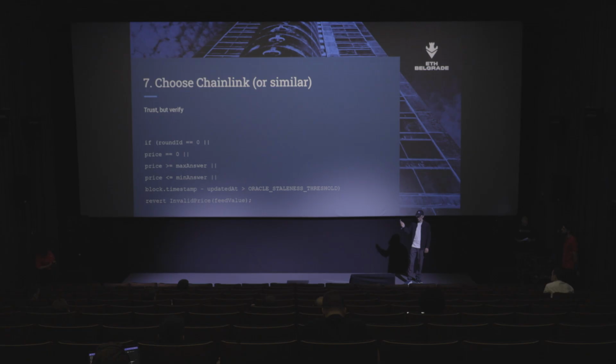So if you are highly sensitive to price changes, you may want to set this threshold to a lower number. But at the end of the day, yes, I think you are perfectly right that Chainlink or some other integration should be handling round ID, price, and max answer, min answer checks. So yes, if anyone knows of a solution, please do share. I don't know of one at the moment, but it's a great idea.